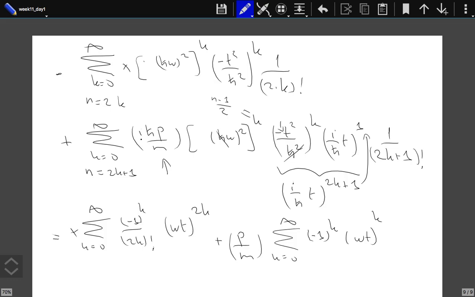I have an i over here. This ħ cancels this i. I get a minus sign, minus p over m. Then there is a factor t over here. Let me divide by ω, multiply by ω, divided by (2k+1)!. So this becomes (ωt) to the power 2k+1.